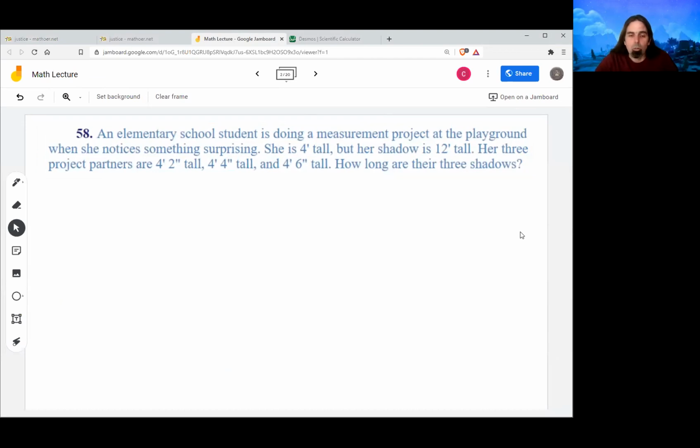So in this example problem, we have an elementary school student and she's doing a project out at the playground. She is 4 feet tall, and her shadow is 12 feet long.